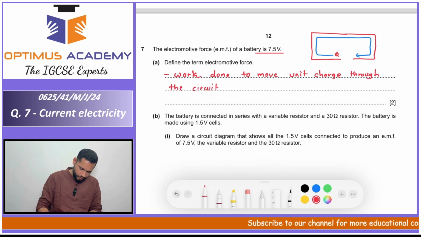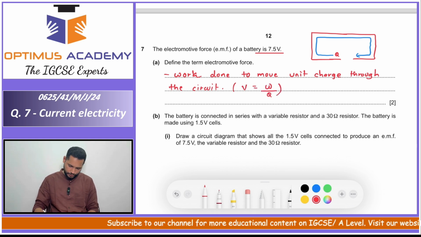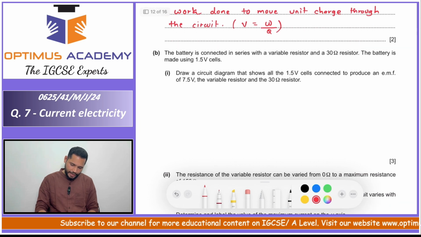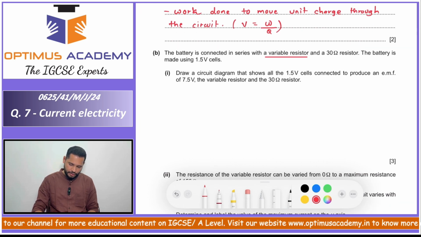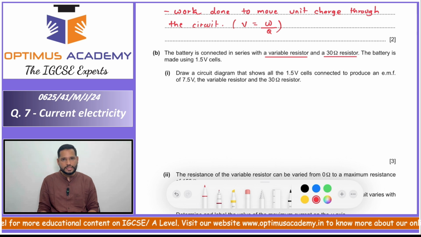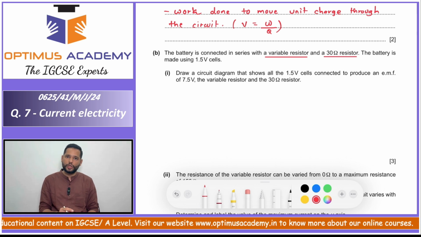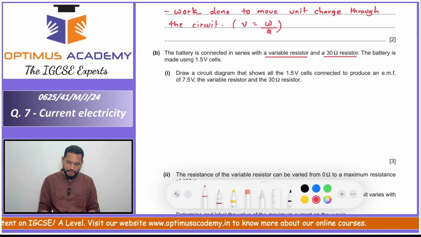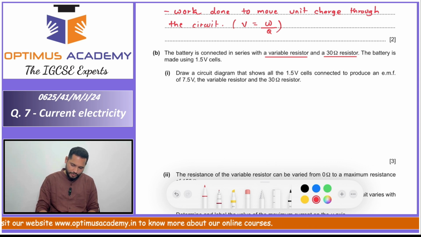Note that the formula for EMF is W divided by Q, that is work done per unit charge. Next question, the battery is connected in series with variable resistor and a 30 ohm resistor. So there are two resistors, one is variable whose value of resistance can be adjusted, and another is a fixed resistor of 30 ohms. The battery is made using 1.5 volt cells.